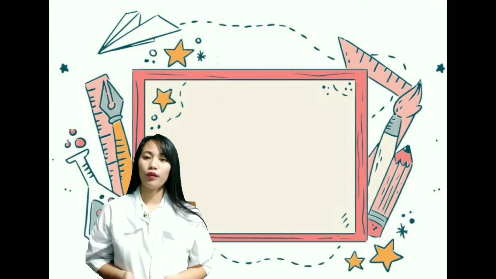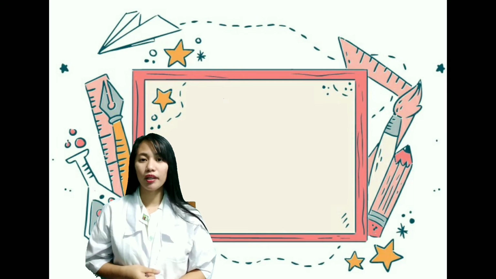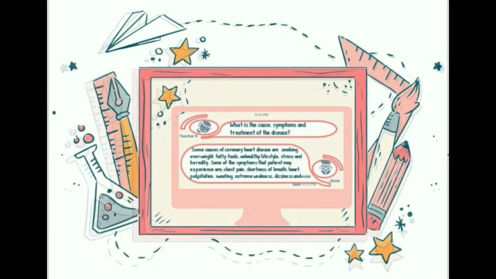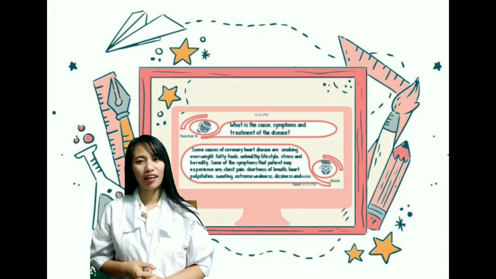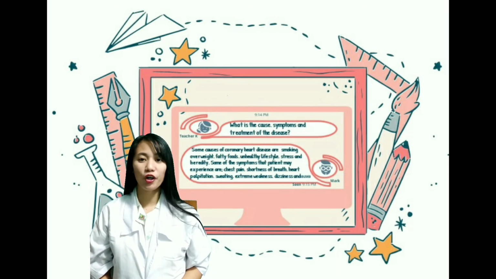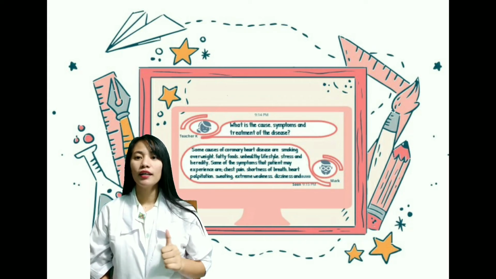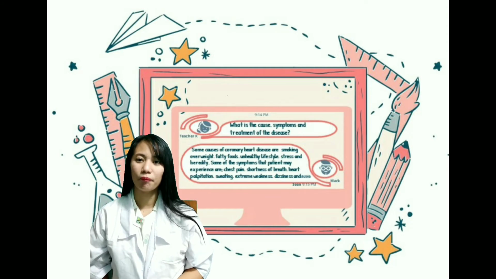For the number 3 question, what are the cause, symptoms, and treatment of the disease? Very well said, Mark. Some causes of coronary heart disease are smoking, overweight, fatty food, unhealthy lifestyle, stress, and heredity.